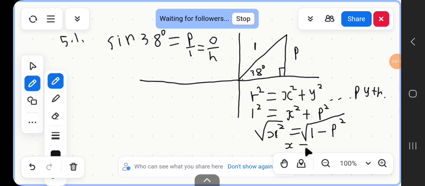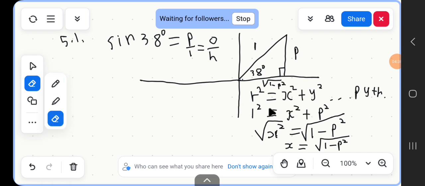We're left with x equals the square root of 1 minus p squared. That's our final product, and we are done with all of this.